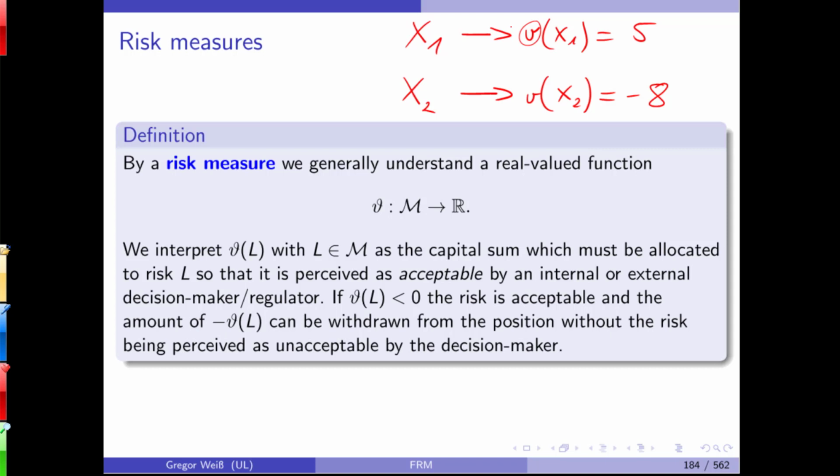In some cases, you have investments where you have additional cash, additional capital, and then the risk measure, by definition, is not just a metric that says that's a risk that has 5 million loss potential and that has 0, but it might also be that the risk measure function tells you, well, you can still take 1 million out of this position and still the position is acceptable. That's an important fact about this definition of risk measures here.